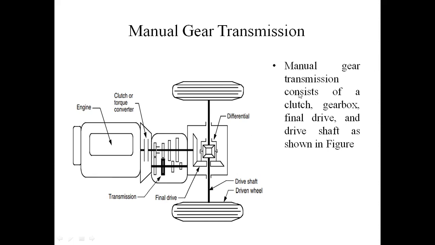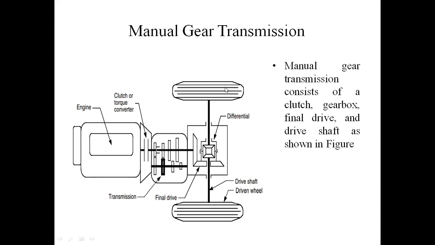A manual gear transmission consists mainly of the clutch, gearbox, final drive, and drive shaft, as shown in the figure. Clutch here, this is the gearbox, showing the transmission. This is the final drive and this is the differential. This is the drive shaft, used for moving the vehicle.